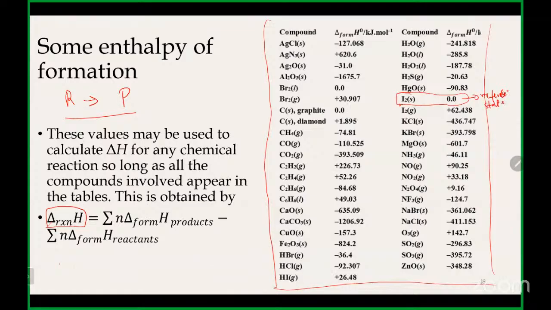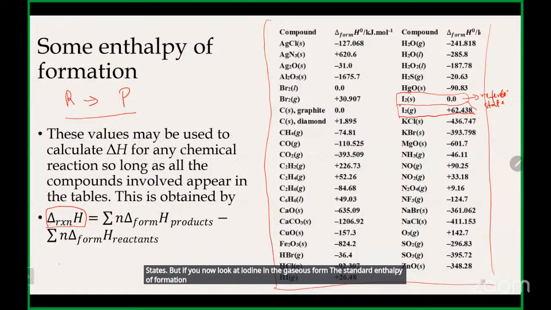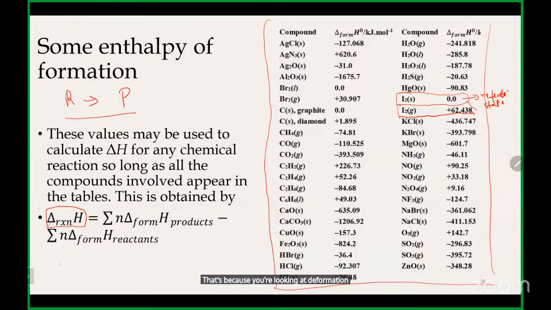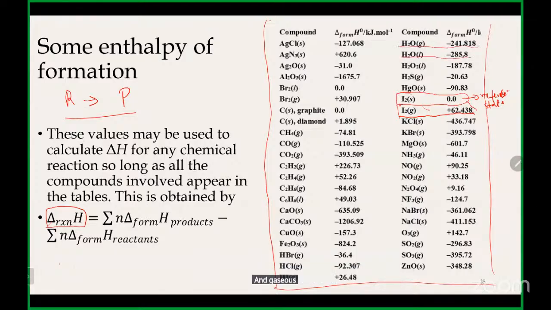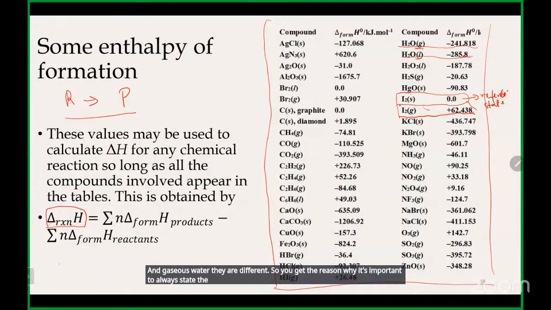But if you look at iodine in the gaseous form, the standard enthalpy of formation is no longer 0, because you're looking at the formation from its solid state. The standard enthalpy of formation of liquid water and gaseous water are different. So that is why it's important to always state the state you are working with.